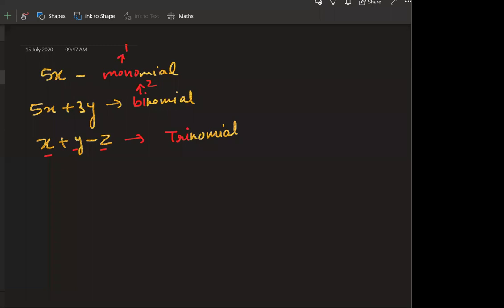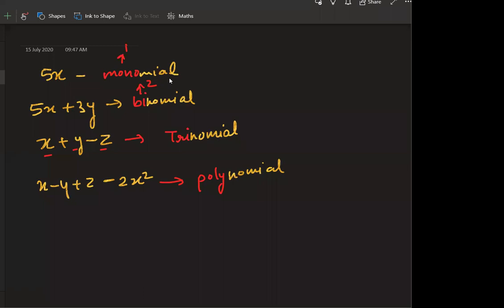And an algebraic expression which has more than 3 terms, for example x minus y plus z minus 2x square, is called a polynomial, or multinomial.